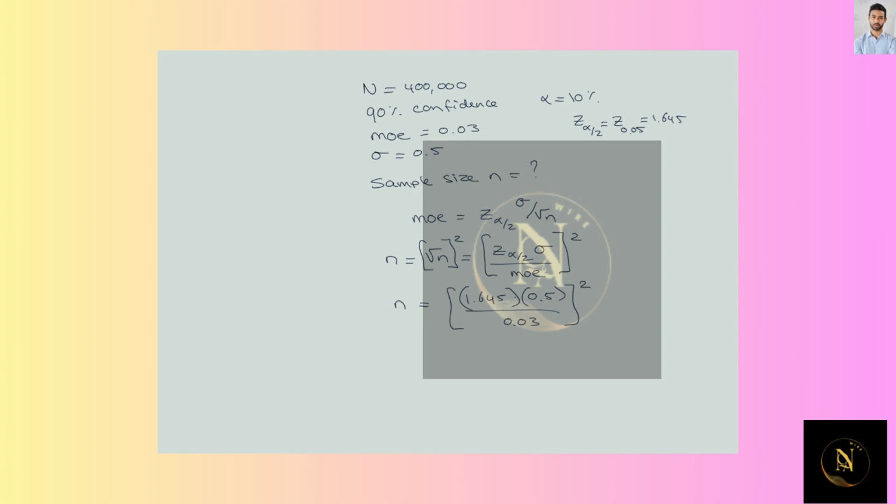And then we square that, and we get 1.645 times 0.5 divided by 0.03, quantity squared, equals 751.7, but we need to round this to the nearest integer above that, so that is equal to 752.